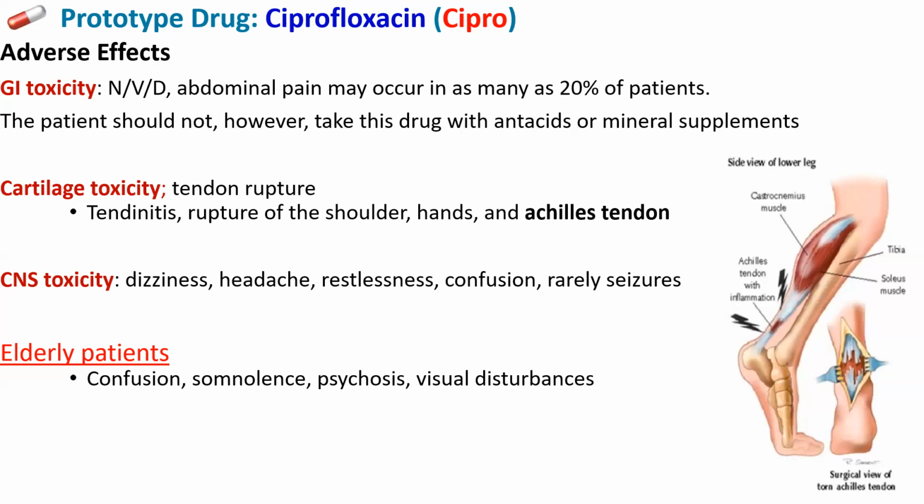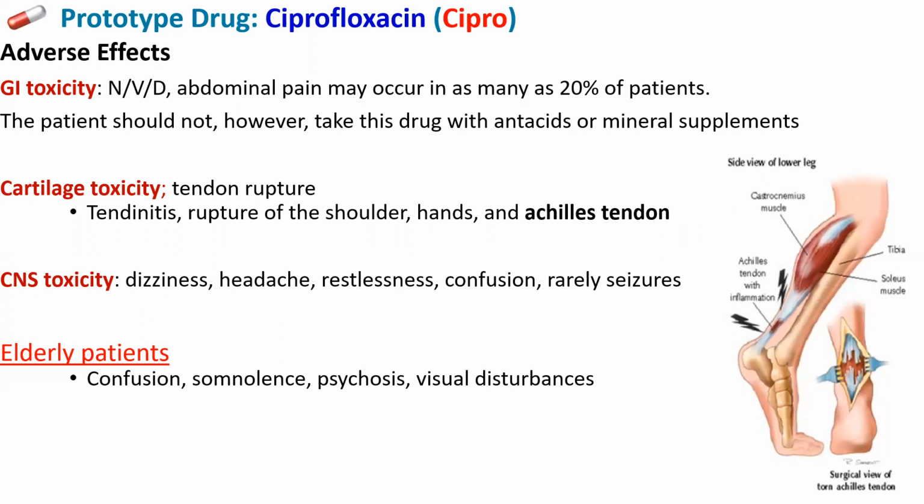Some patients may report phototoxicity, headache, dizziness. The first main side effect is going to be the cartilage toxicity, like tendon rupture, tendonitis, rupture of the shoulder, hands, and Achilles tendon down the foot by the ankle.